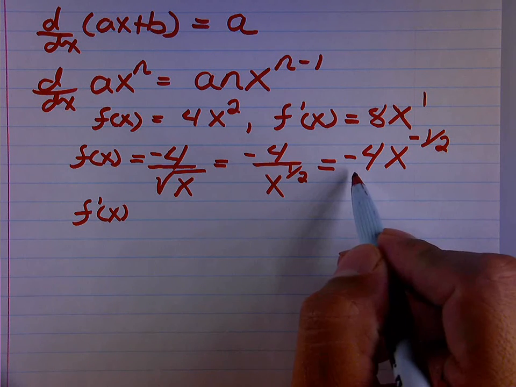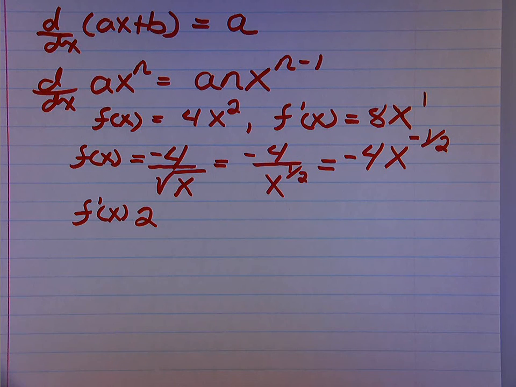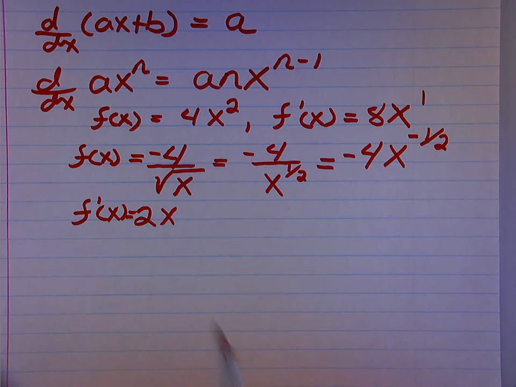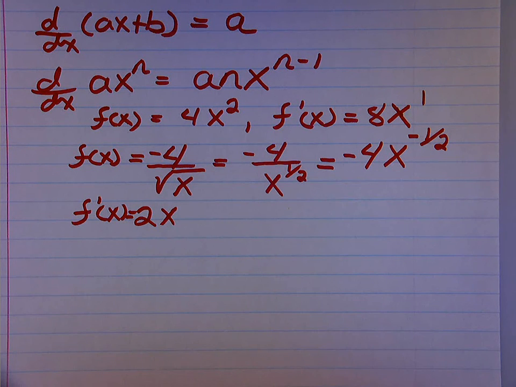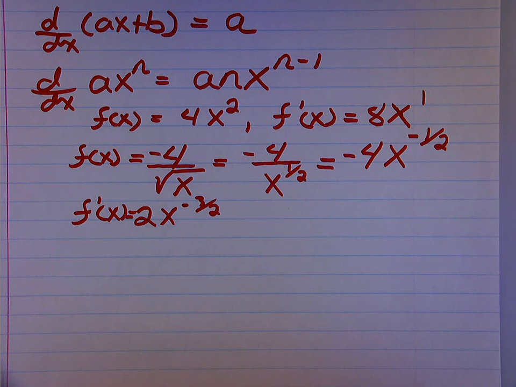By taking the negative 1/2 times the negative 4, giving me a positive 2, that equals 2x. I will take this old exponent negative 1/2 and I will subtract 1 from negative 1/2, giving me negative 3/2.